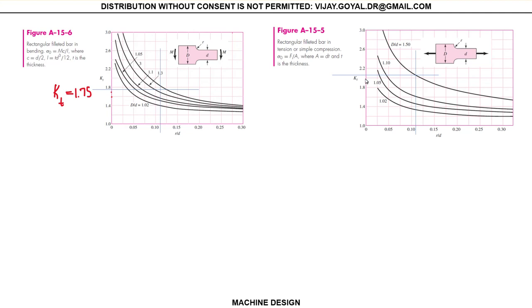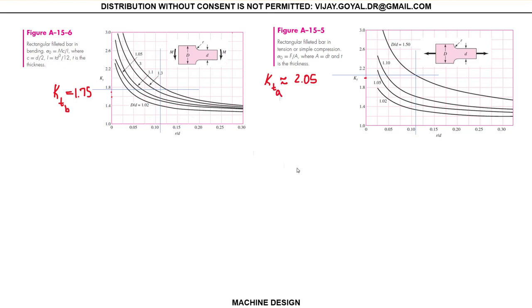Here you could say the value is 2, maybe 2.1. So you could approximately say that's equal to 2.1, or if you wanted to be a little bit more accurate, something like this. This will be in bending, as you can see, and this is in axial.